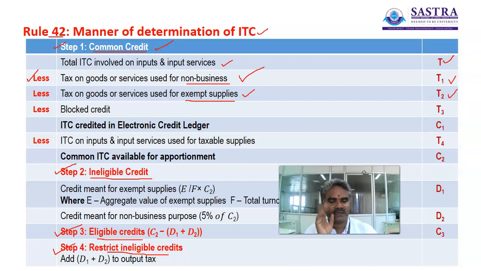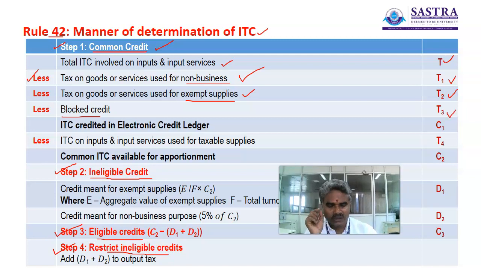So here also you have to pay input tax. T2, blocked credit. Last session we discussed what is blocked credit. T3.